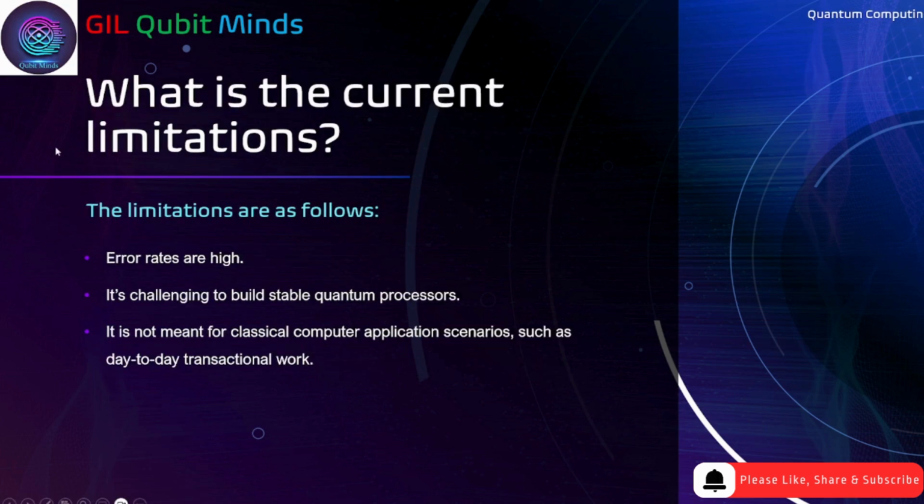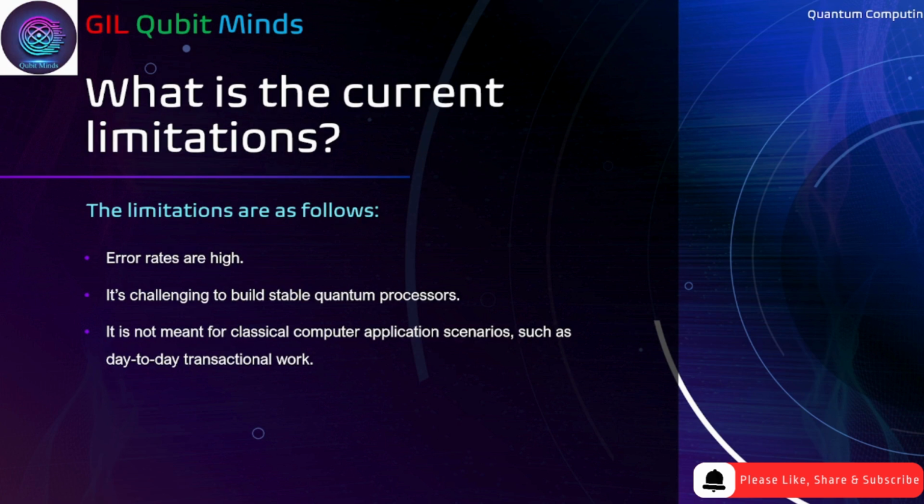Now the current limitation of quantum computers is that the error rate is very high. Nowadays the Willow chip has reduced the error rate, and now we can apply it in industrial solutions.